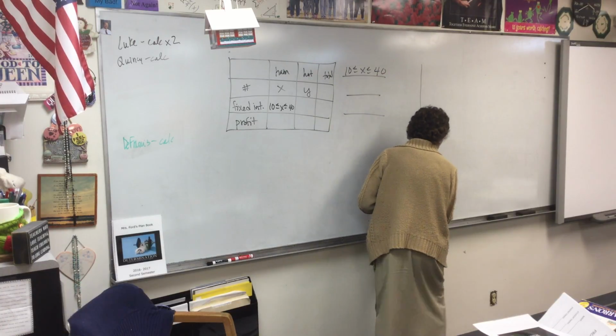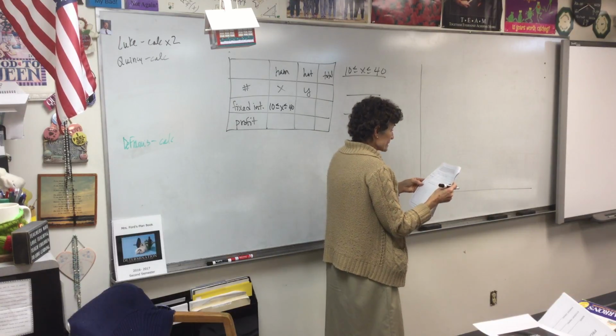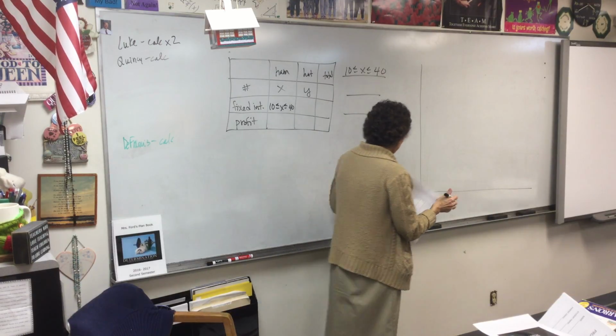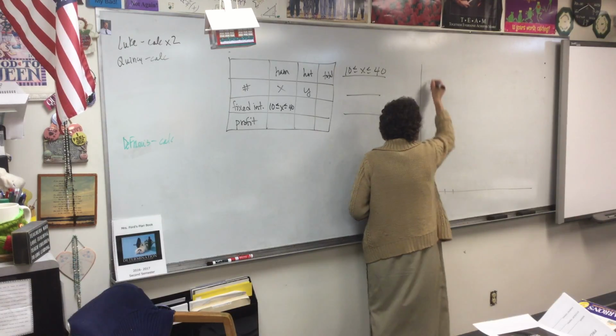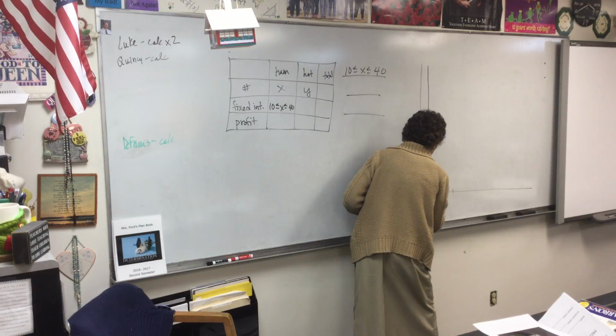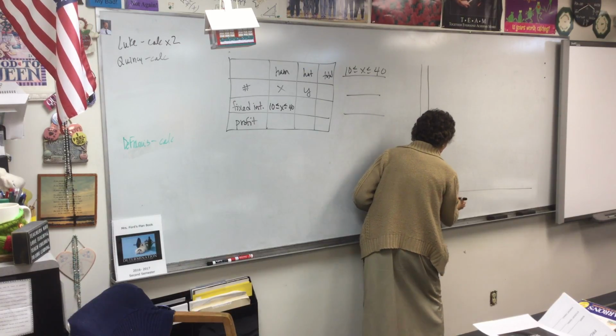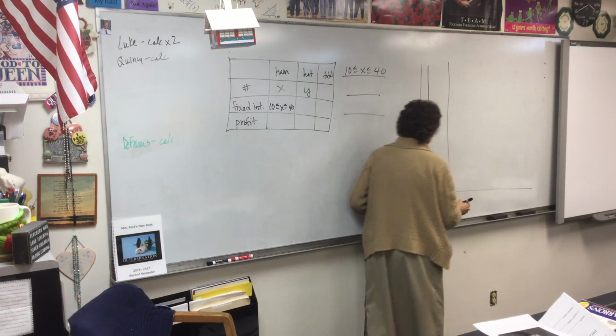And when I graph it, it says the X's have to be between 10 and 40. So I'm going to let my scale be 10, 20, 30, 40, and graph right there.